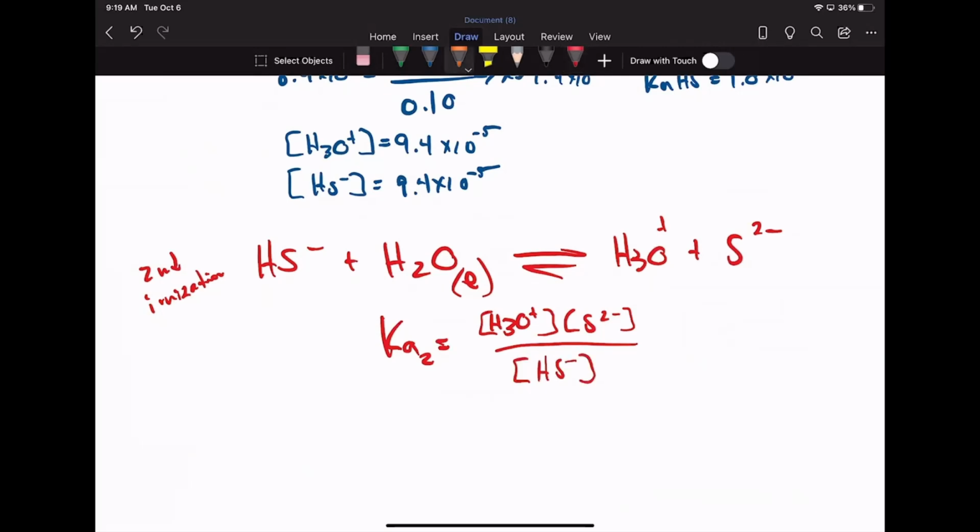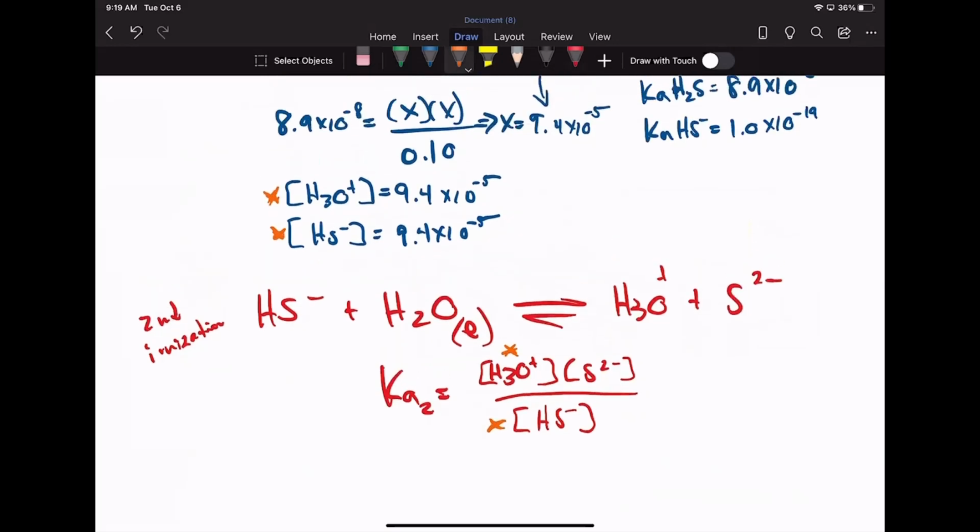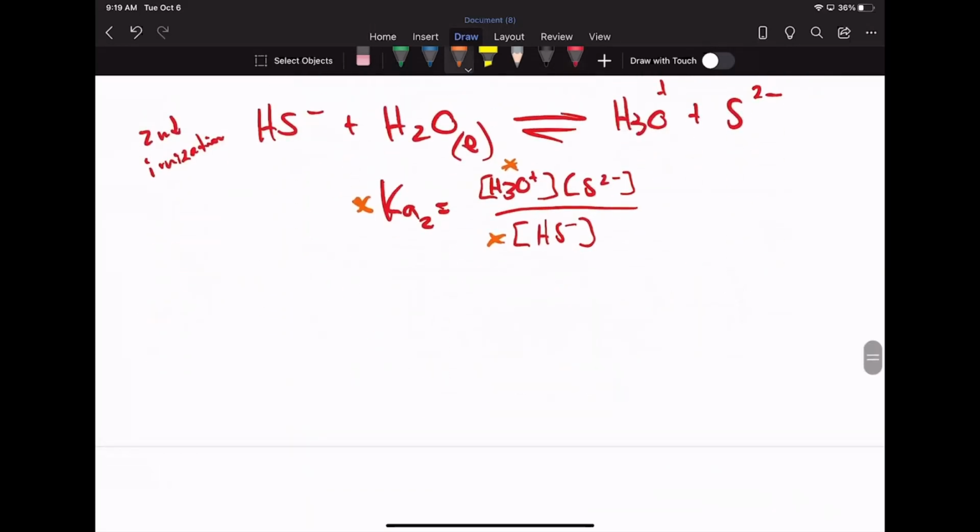Look at this. I know this concentration, and I know this concentration, and I also know this is the Ka2 right here. This is Ka1, this is Ka2. I know all this information. I don't need a second ice table here.